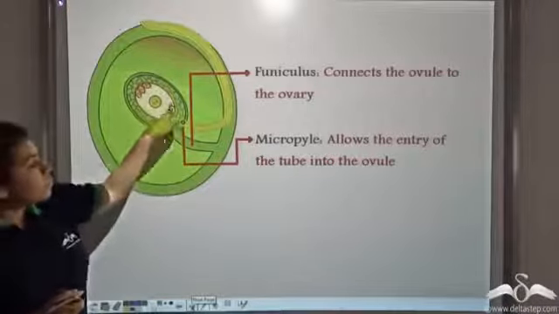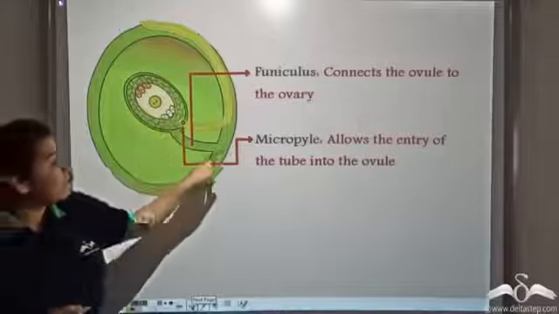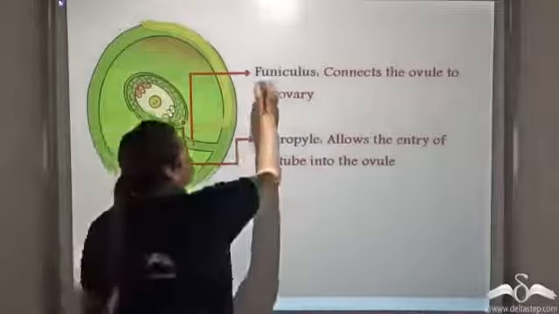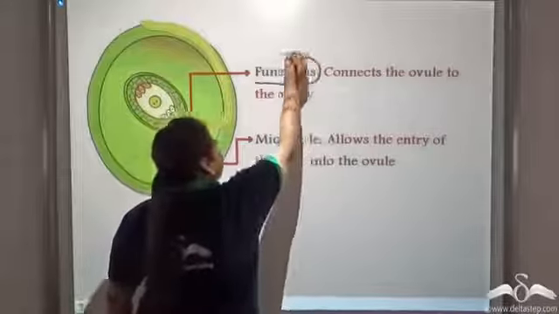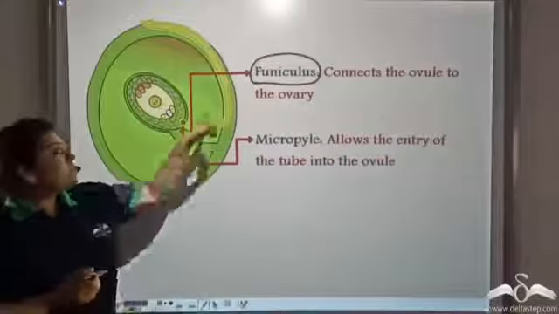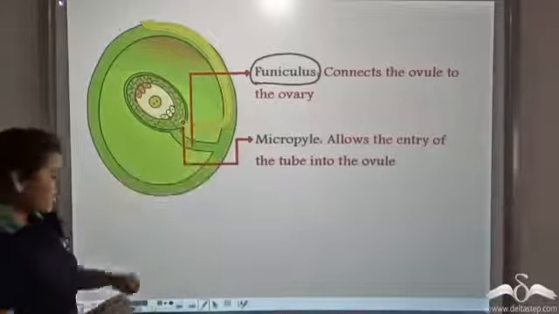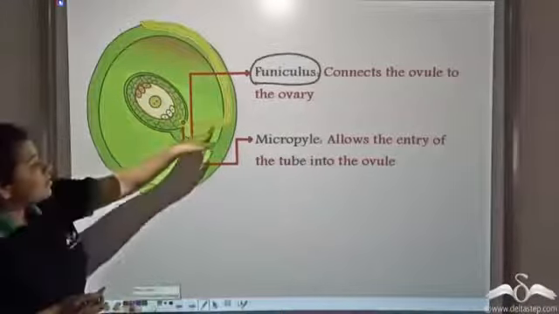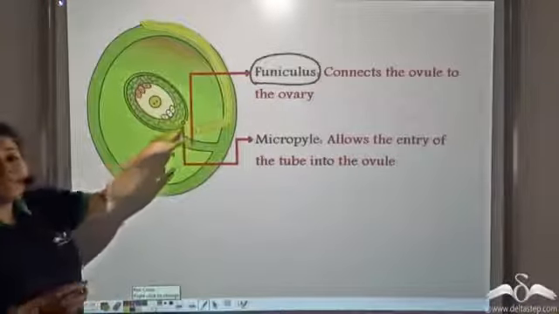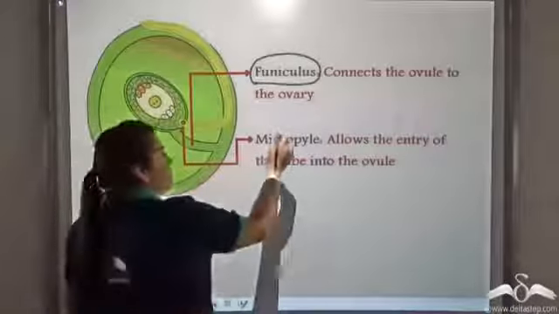Now, the ovule is connected to the ovary by this pipe-like structure, which is known as the funiculus. Now, the pollen tube reaches the ovule near the funiculus and enters into the ovule through a pore-like structure which is known as the micropyle.